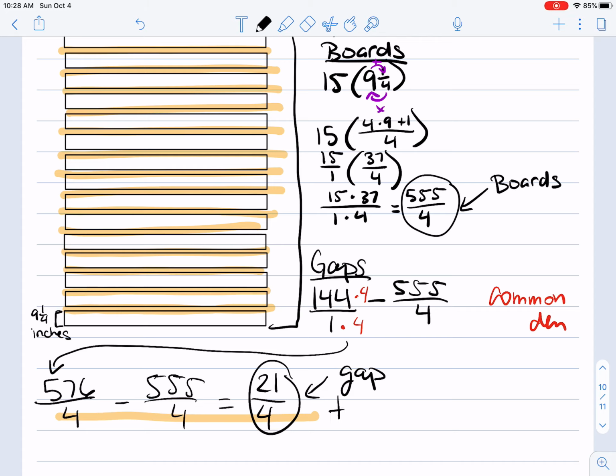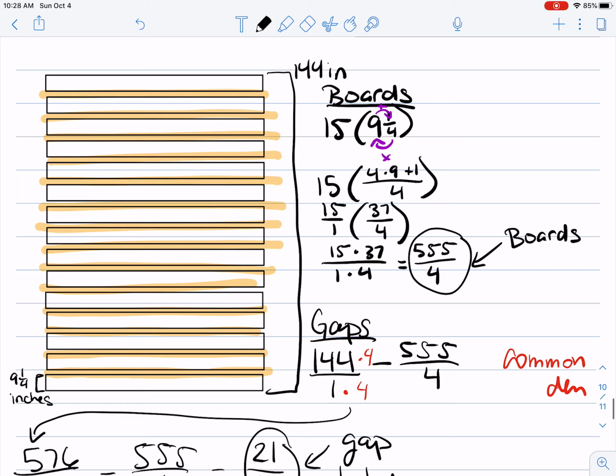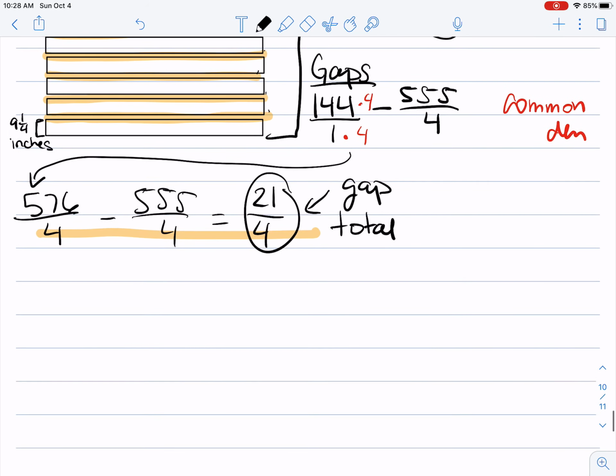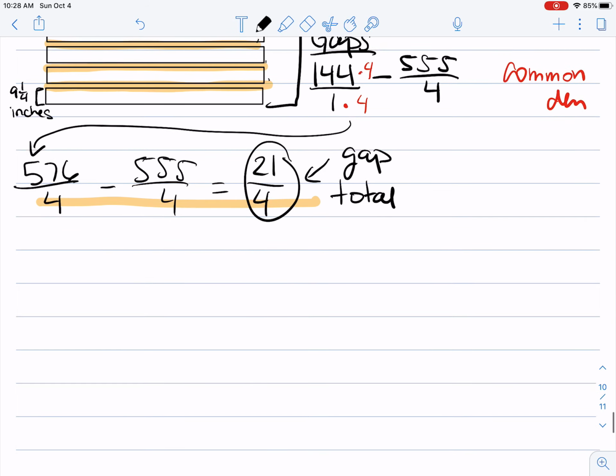But I think this question wants the width of the spacing between each board, so they just want one gap. Let's see how many gaps we have. 1, 2, 3, 4, 5, 6, 7, 8, 9, 10, 11, 12, 13, 14. So I need to divide my gap total divided by 14.